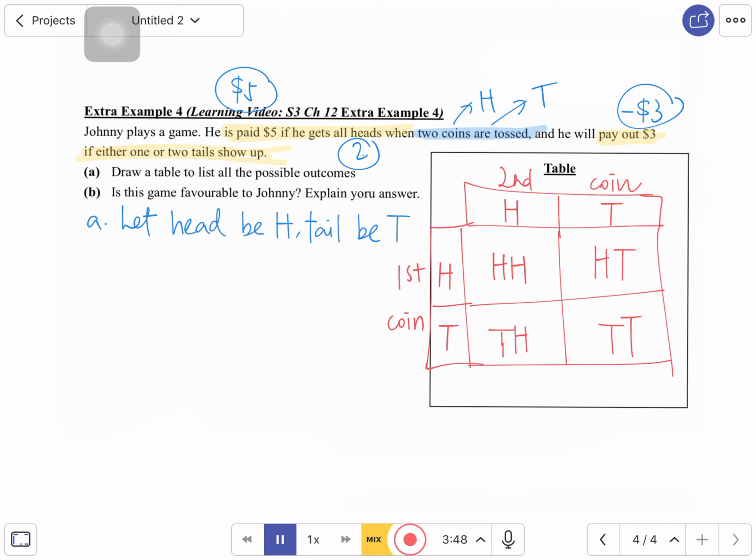Now we know that if he gets 2 heads, that means the yellow case, the probability actually will be 1/4.